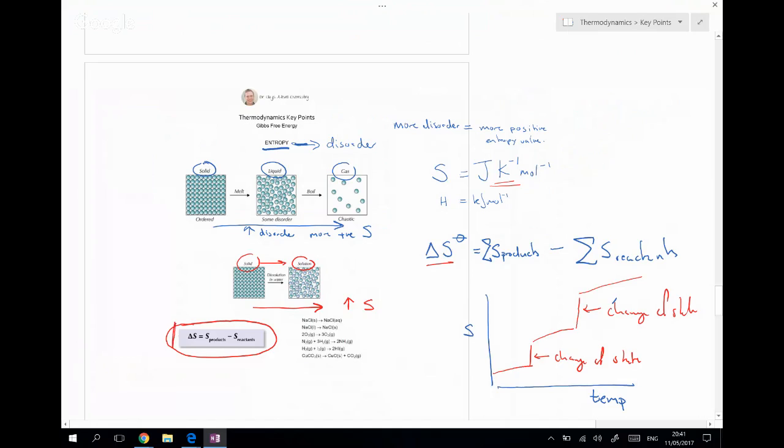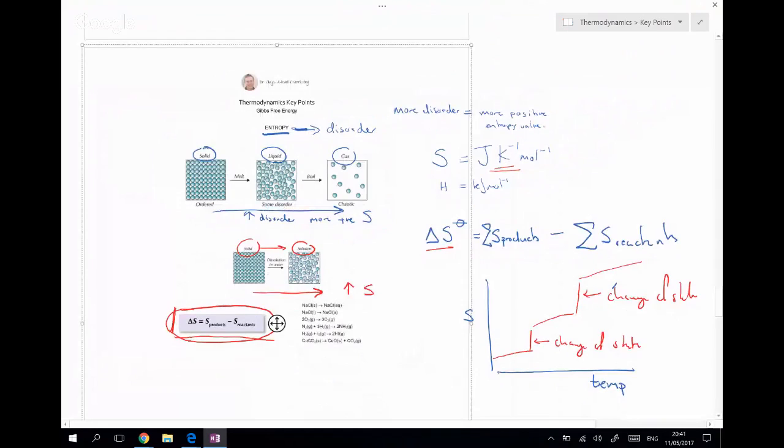The change in entropy is simply the products minus the reactants for AQA. Again, just be aware, all of the topics that I do are specifically related to AQA.